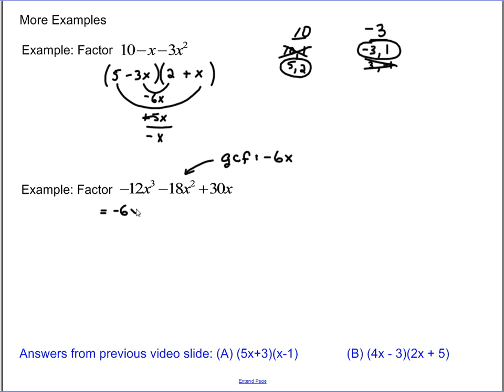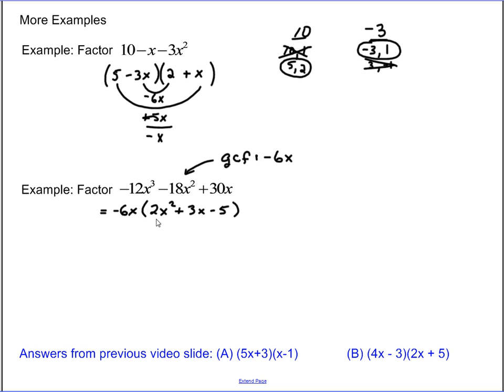So what happens? Well, this is the same thing as saying -6x times, let's see, this is going to be 2x squared as our leading term, plus, because we're going to take a negative times a positive to get 3x for our middle term. And -6x times -5 would give me positive 30x.